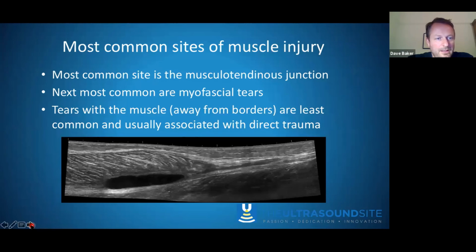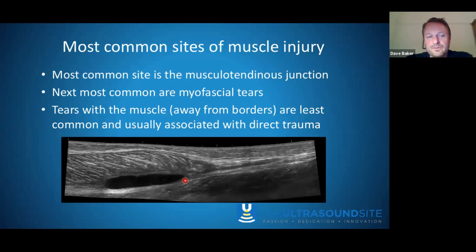If you look at the dark area there, the hypoechoic area, if you can just outline that, Stu, with the laser. So here is the hypoechoic region where the muscle is torn, and this will now be filled with hematoma, and the fibers of the muscle have pulled away or avulsed away.